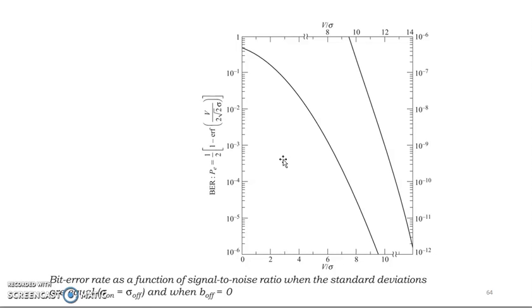That level from the given signal to noise ratio can be identified, and that level is called the threshold level for your transmission system. So we can say the bit error rate is a function of the signal to noise ratio and the standard deviation.